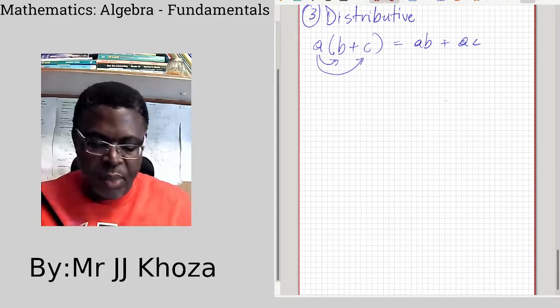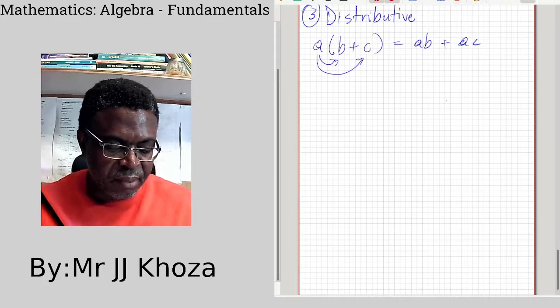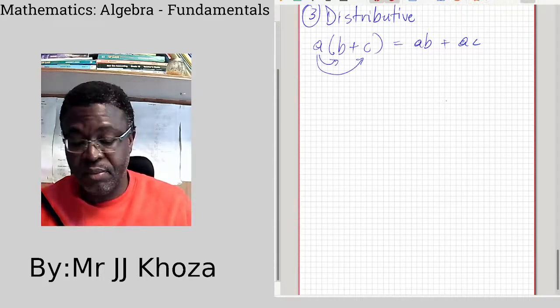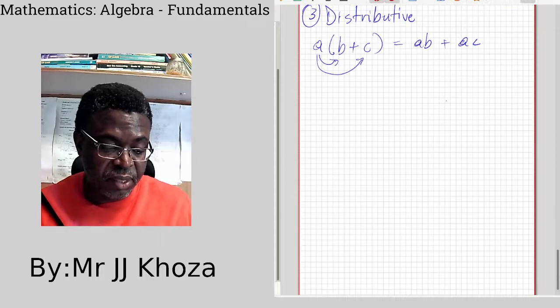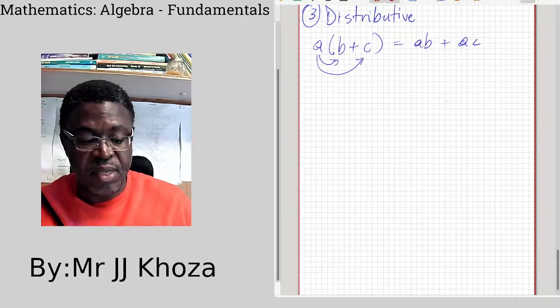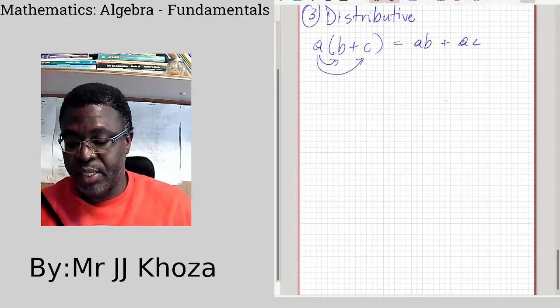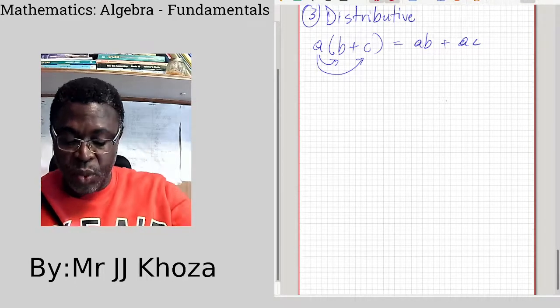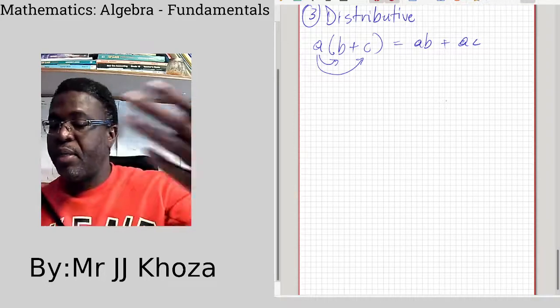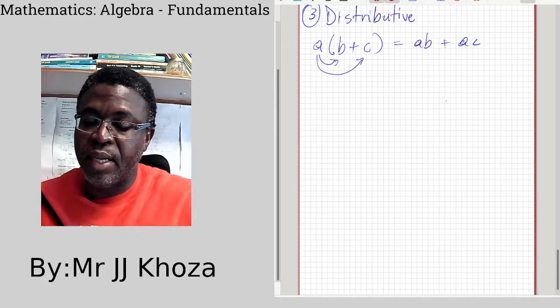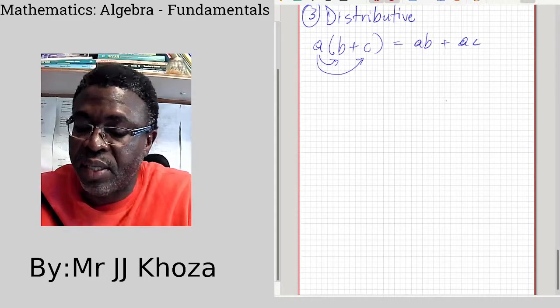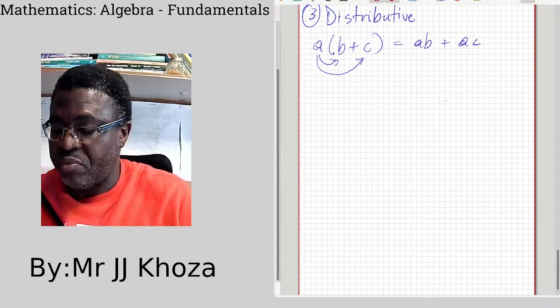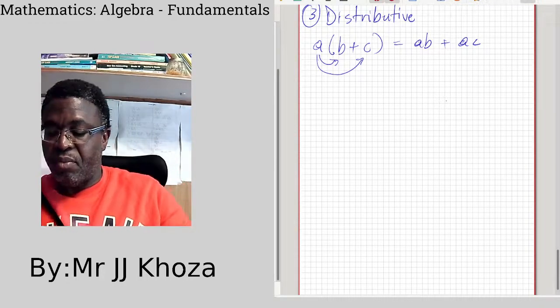There are also properties of negative numbers. We've done fractions, properties of fractions. I can just give you a summary, but we've already done it. The only thing that we can do in our next lesson is properties of negatives.